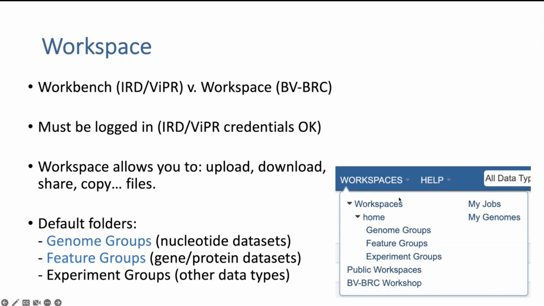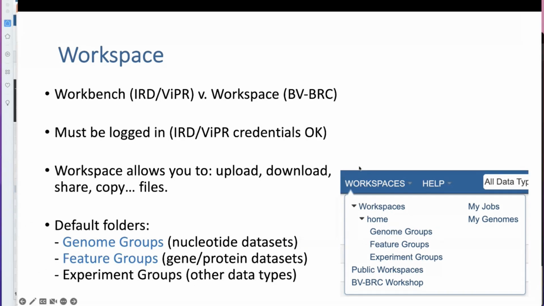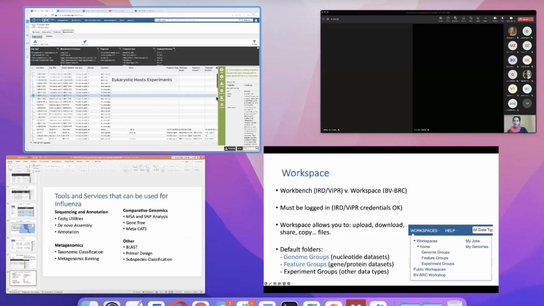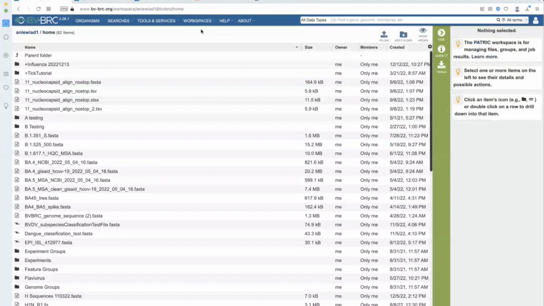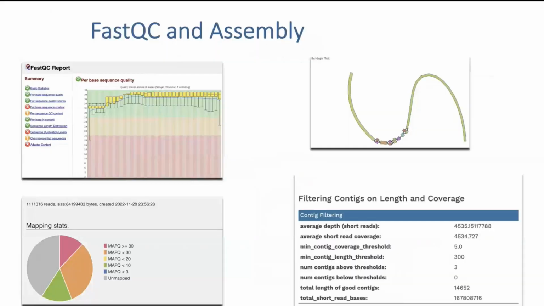And you can get to your workspace by navigating to the Workspace tab up here, clicking on that, and going to your home folder, and that will show you all of the different folders that you have, including your default genome groups and feature groups folders.